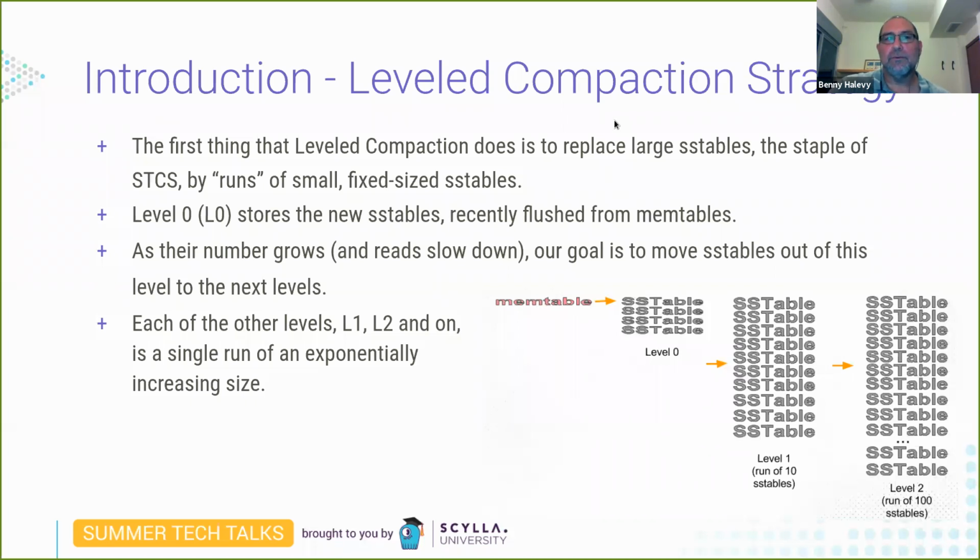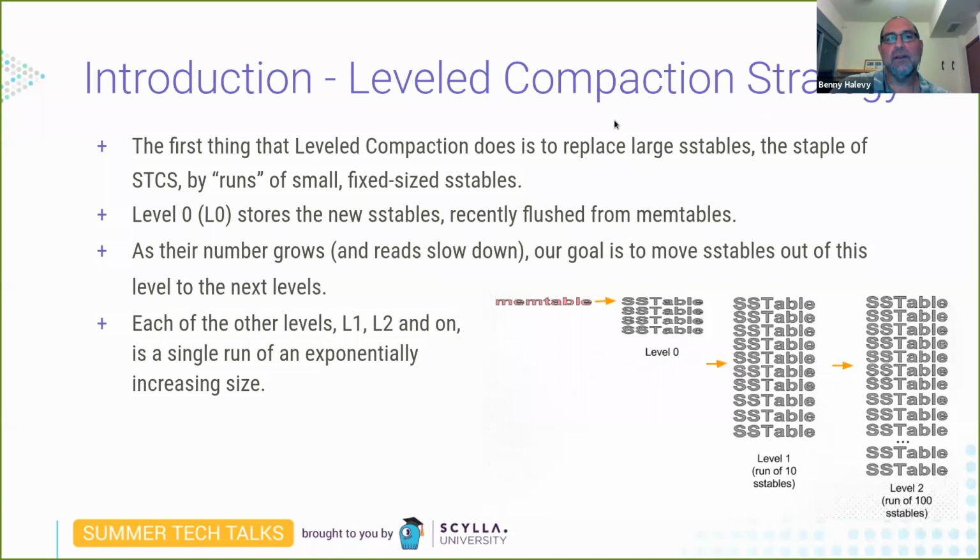In level 0, LCS stores all the new SSTables that were recently flushed from the memtables. As their number grows, causing reads to slow down, LCS's goal is to move SSTables out of this level onto the next levels.